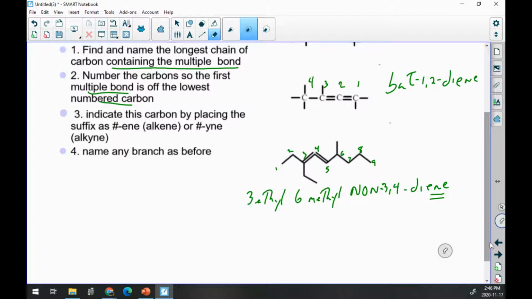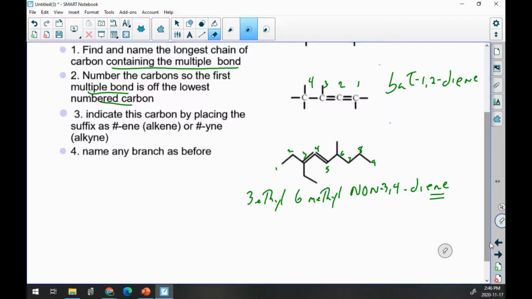In this case, numbering from left to right gave me the lowest numbers anyways. But if I had put a branch right here, I would still name from that way, because the double bonds trump my branches; they are more important.